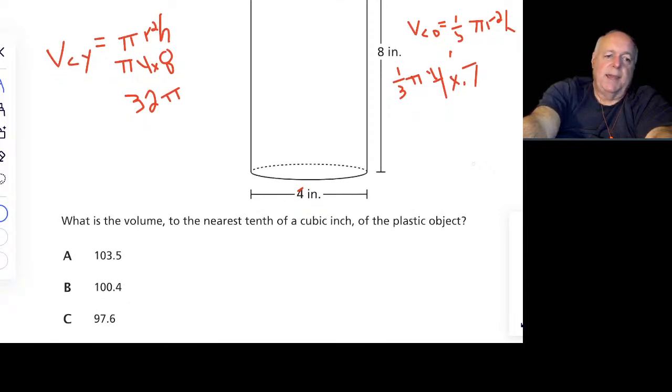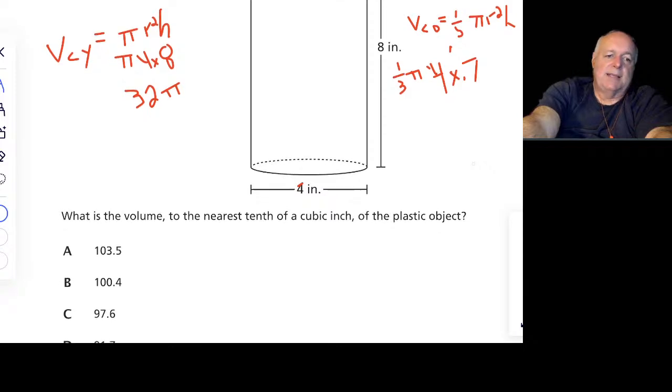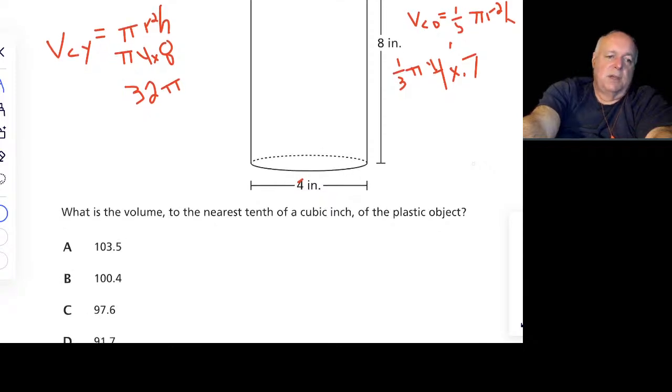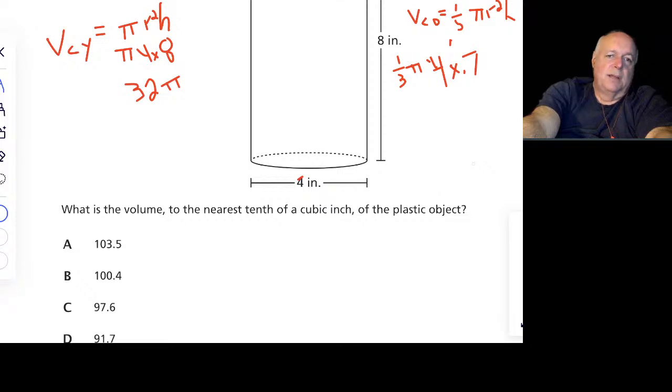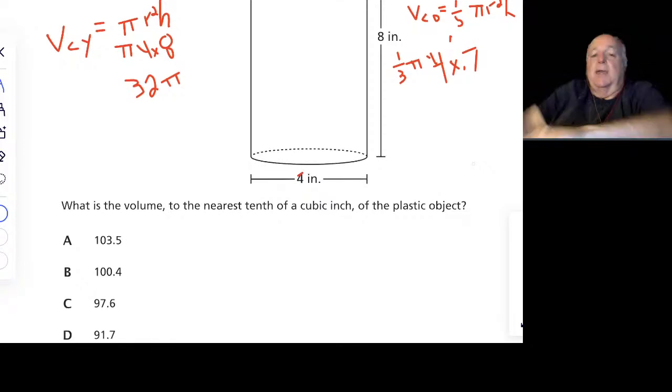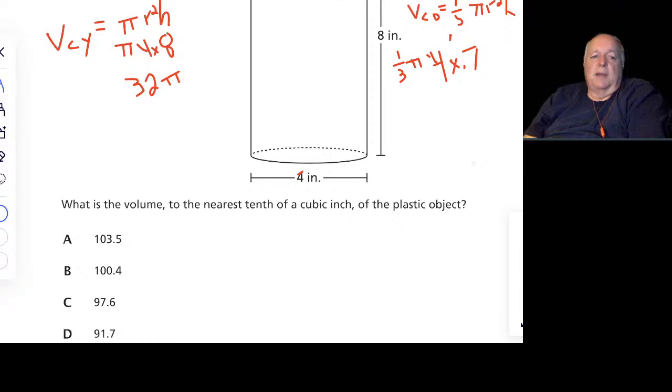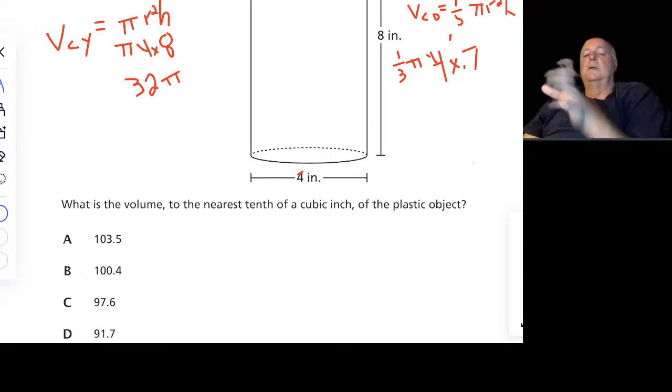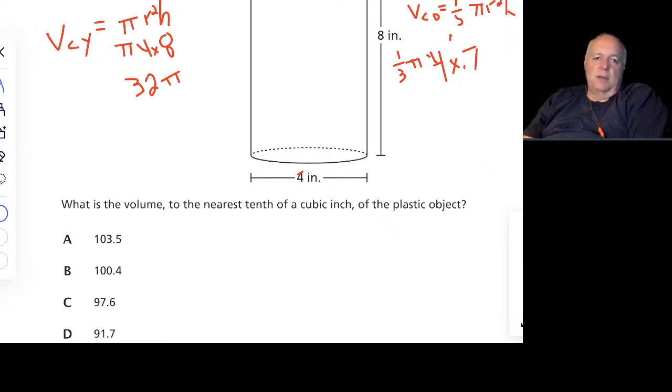And by the way, if you do this by hand, you may not get the exact same answer as these choices. Because if you use 3.14, let's say the answer was A, you might get 103.49 or something like that. So we have to use that to make sense of some of this. Anyway, let's try to make more sense of the left-hand side. So we have 1/3 pi times 4 times 0.7.